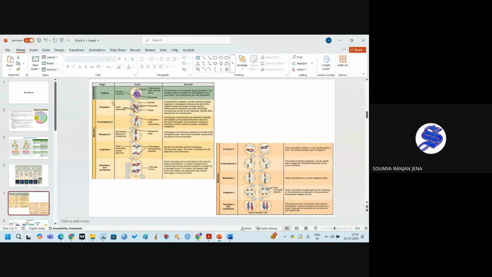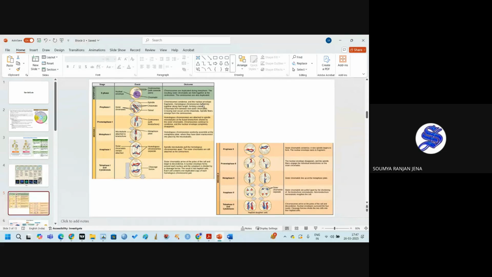Prophase 1 is a lengthy process because it has 5 steps. In prophase 1, the chromosomes are condensed and the nuclear envelope is fragmented, because if the nuclear envelope is not fragmented, then condensation or any division will not occur.